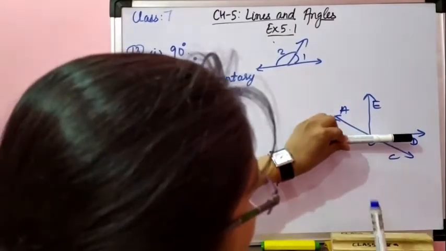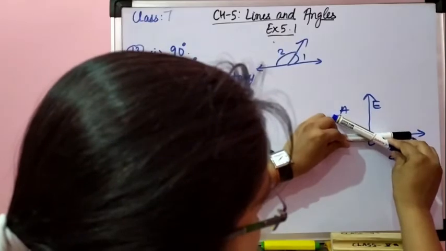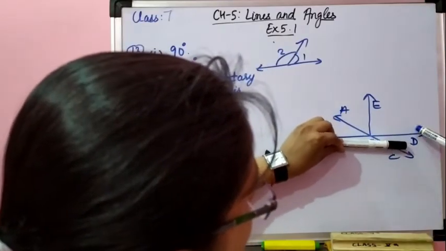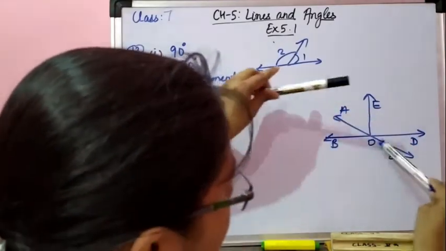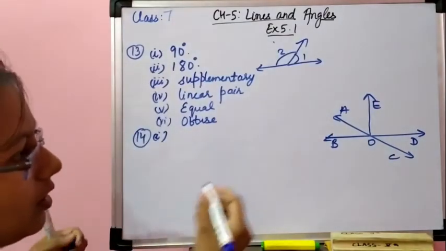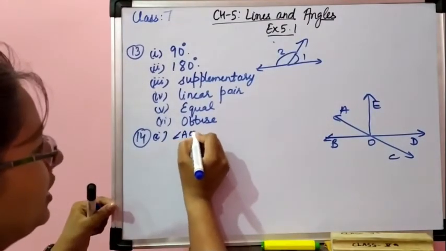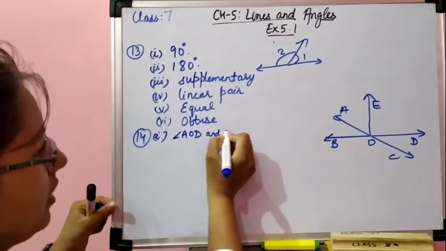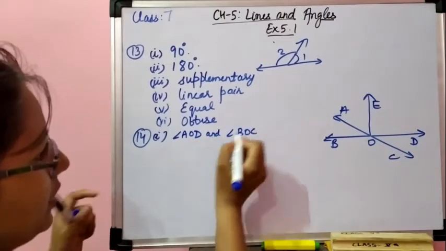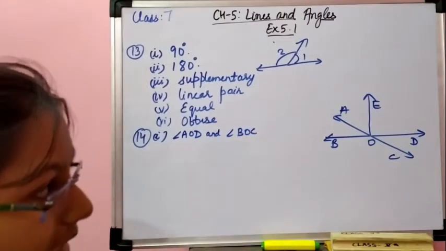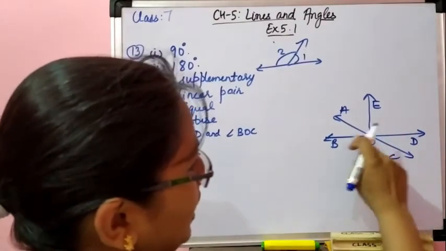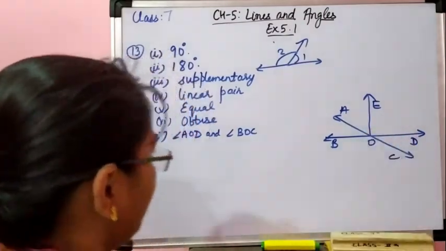So this was one line and this is another line. You can see that this is an obtuse angle and this is an obtuse angle. So angle AOD and angle BOC, they are vertically opposite obtuse angles.